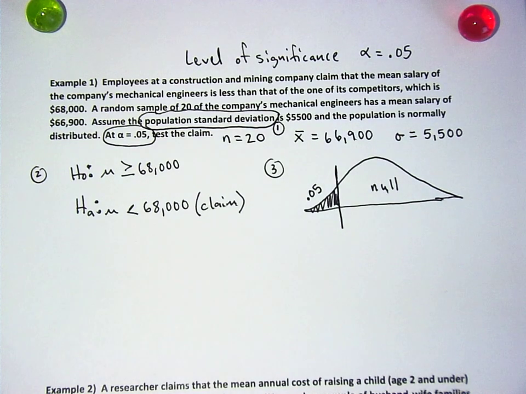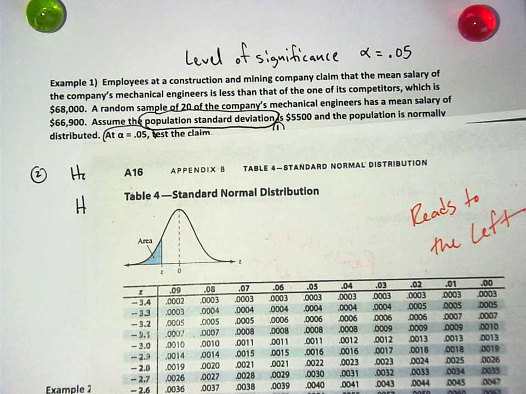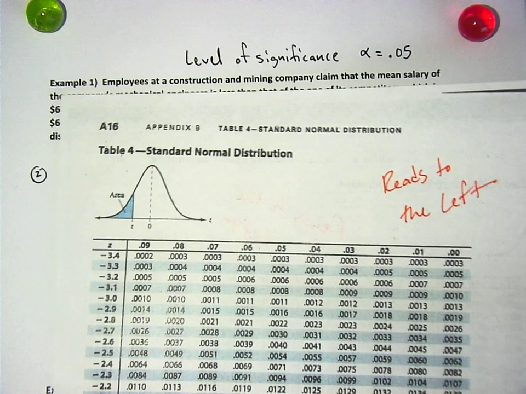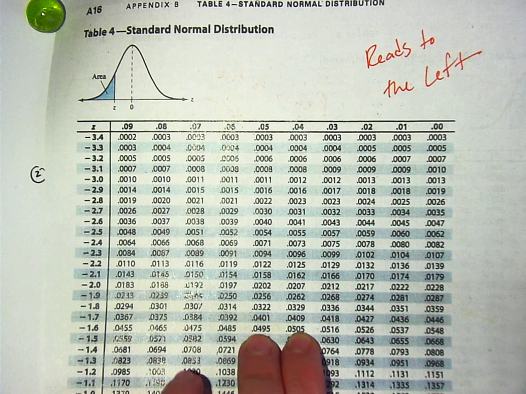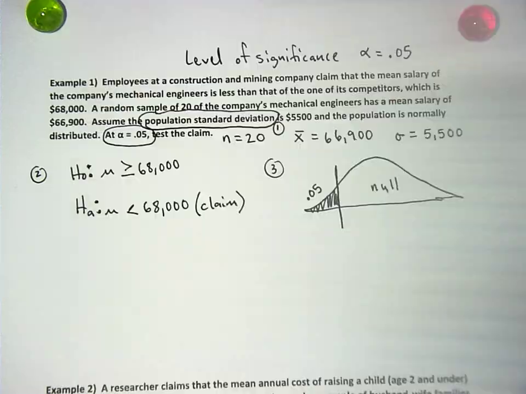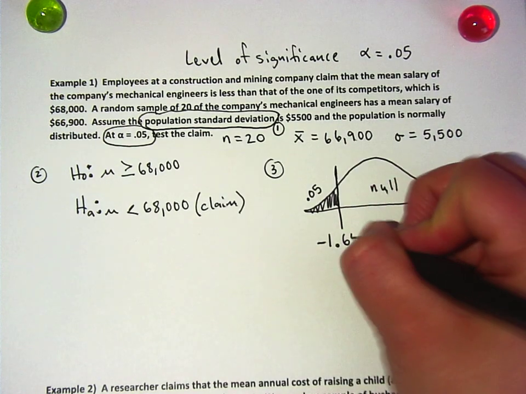Where am I looking at 0.05? In the middle of the table. Everybody's looking at 0.05 in the middle of the table. I got right between negative 1.64 and 1.65. So this is negative 1.645.